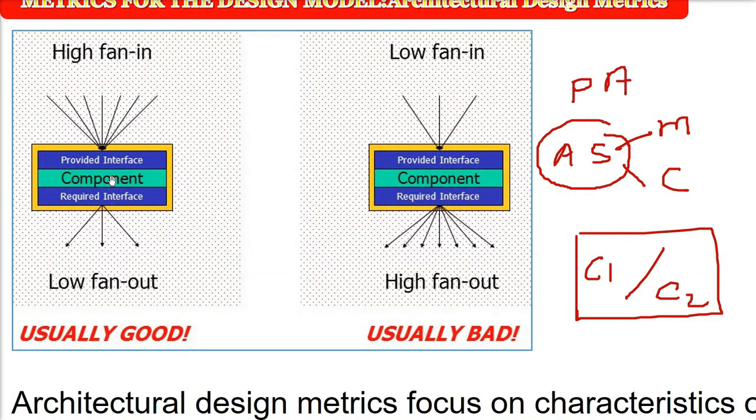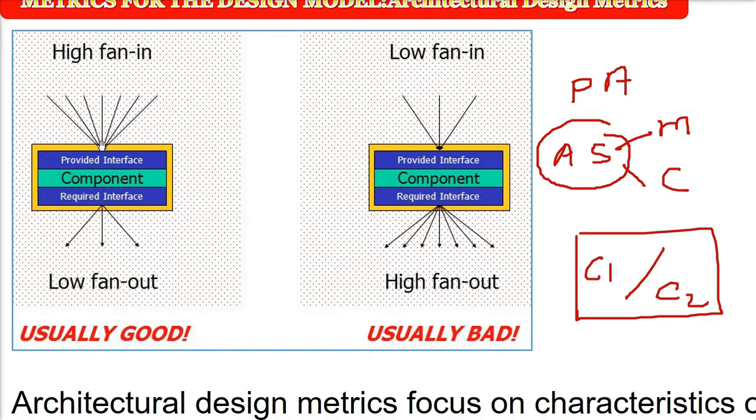For example, here there is a component. Now here we have different functions calling this component or this function. This is called fan in. That is, fan in means this function is invoked by others. But fan out is how many components, modules or functions this component is going to invoke.